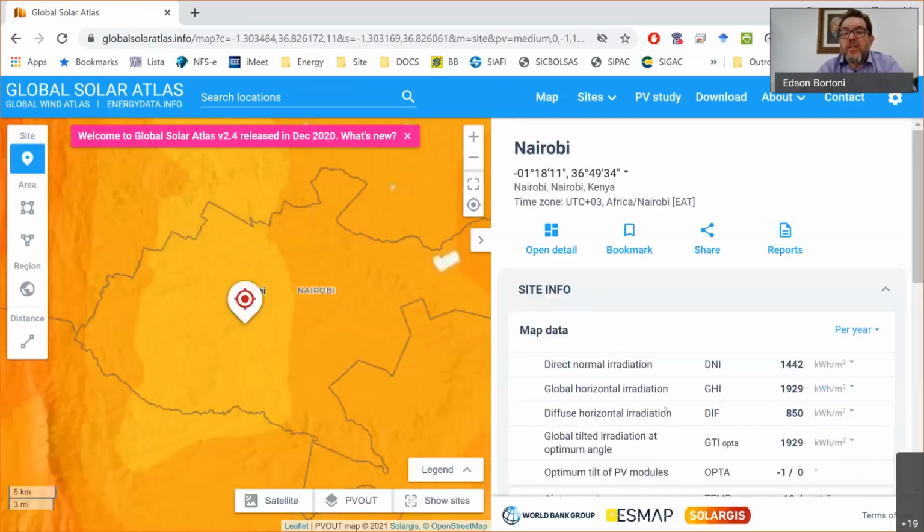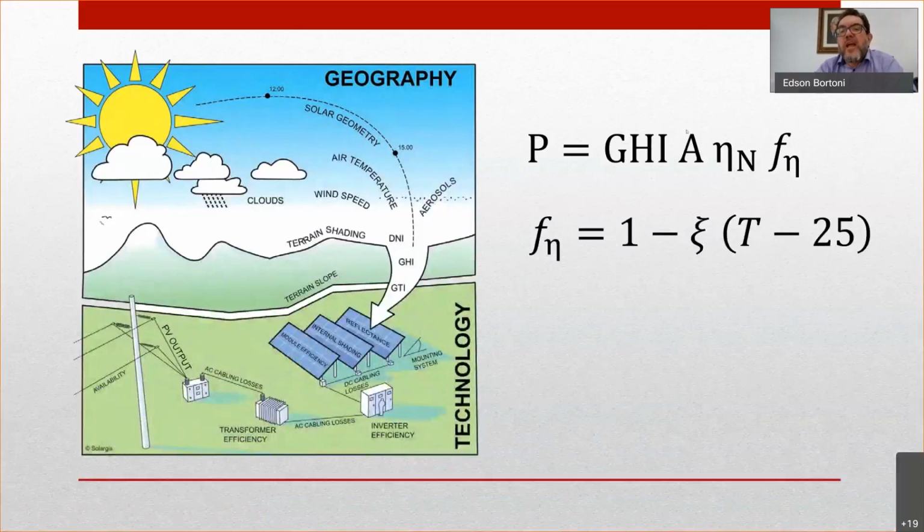You have the GHI here, global horizontal radiation, times the area you are using, times the rated, nominal efficiency of the panel, times a factor of efficiency.